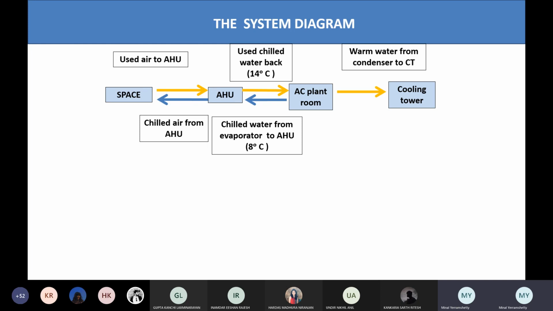So the final dissipation of the heat is then to the atmosphere, but in a very, very gentle manner, unlike the fan cooled condenser, which is very harsh and absolutely not sustainable. Okay? So this is how the entire space cooling happens.